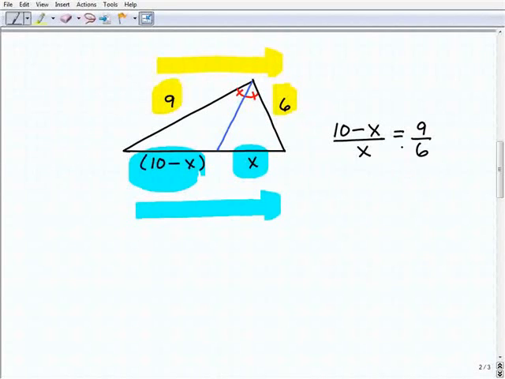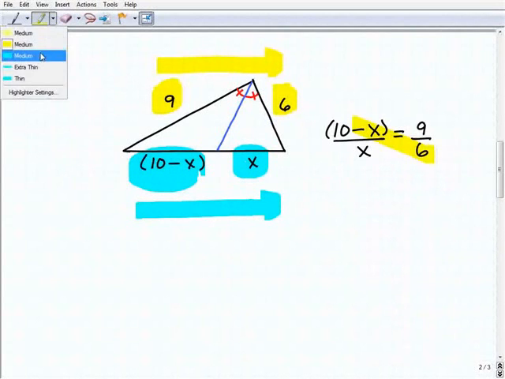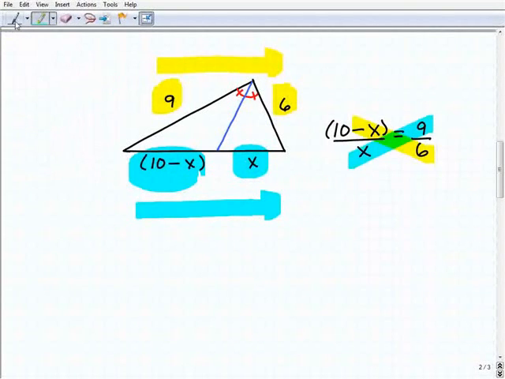Now you need to go ahead and solve the proportion. Remember, here I had 10 minus x in parentheses. When you have an algebraic expression where there's a minus or a plus to a variable, you always want to keep in mind that these are quantities, so you do want to have those parentheses there. It helps reduce the possibility of messing up on a distributive property when you have to do the cross product.